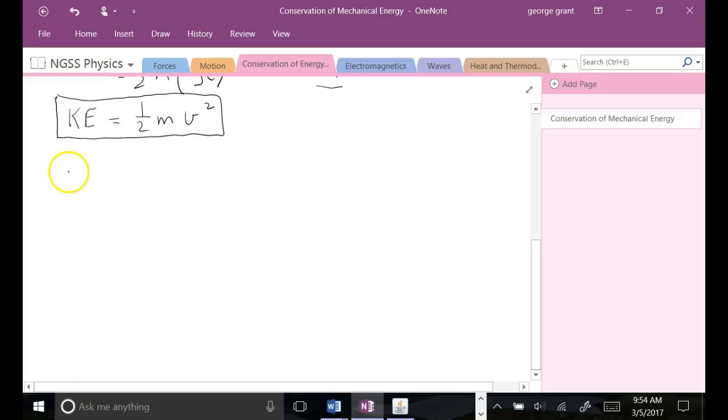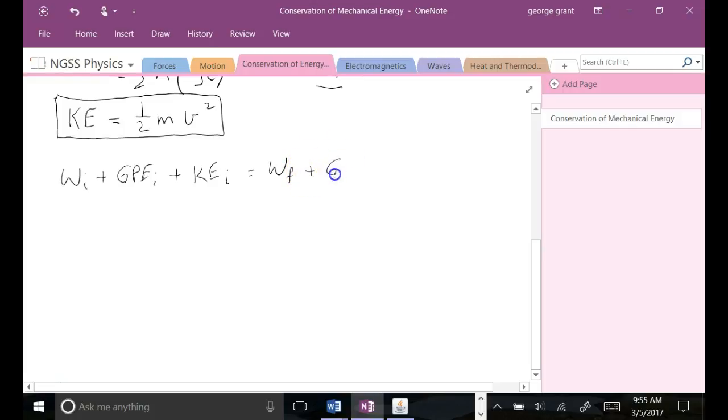So we might do work on something to add energy to it, and that energy might be gravitational potential energy at the start plus some amount of kinetic energy at the start, and that's going to be equal to maybe work at the end, maybe friction changes some of that work done to heat.